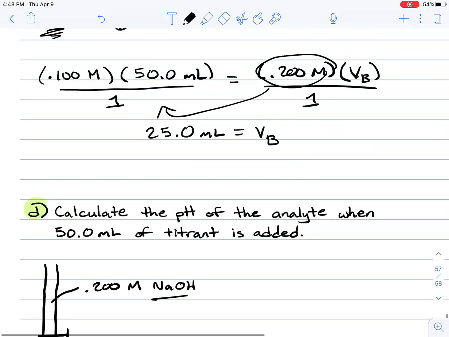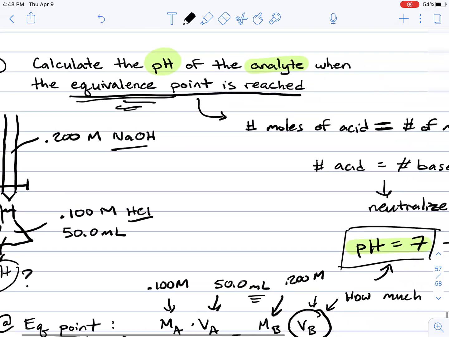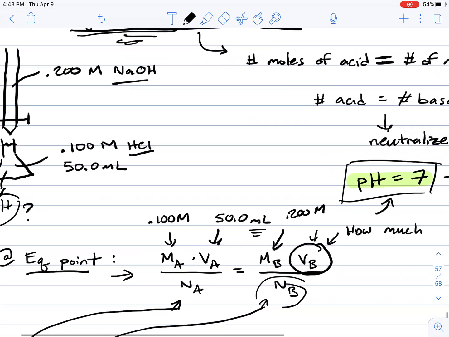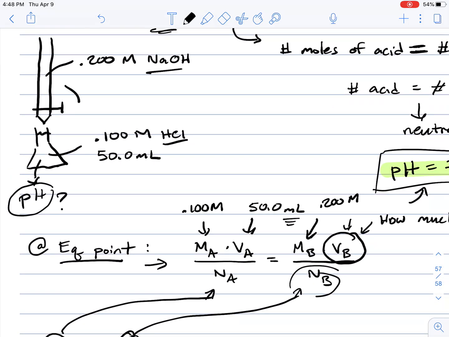Actually, let me take a step back. So now that we calculated VB, which is 25 milliliters, what does that mean in terms of a titration? That means that if we added exactly 25.0 milliliters of sodium hydroxide into my analyte, my Erlenmeyer flask, what I'm going to get is the endpoint, the equivalence point.